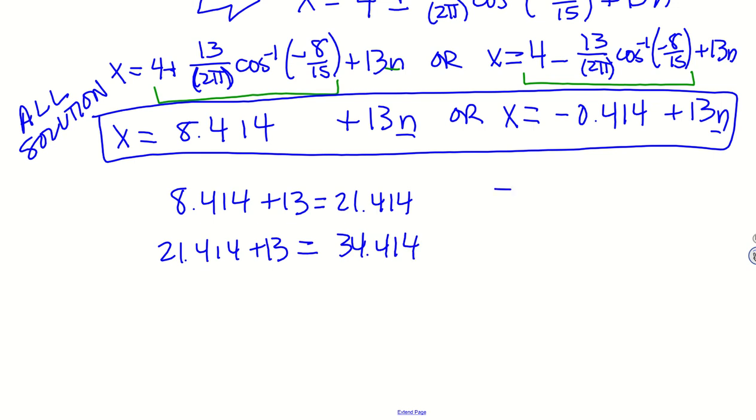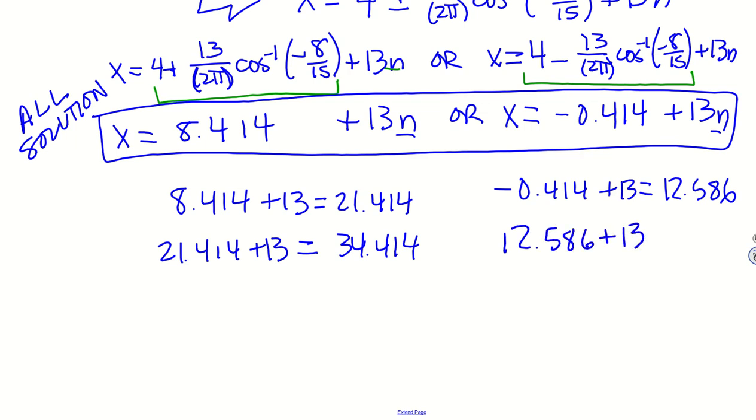Or, with my negative 0.414, I could add 13, and that would give me 12.586. Or I could take my 12.586 and add 13 to that, and that would give me my next solution.